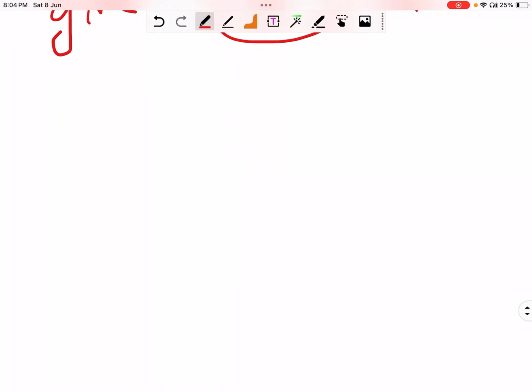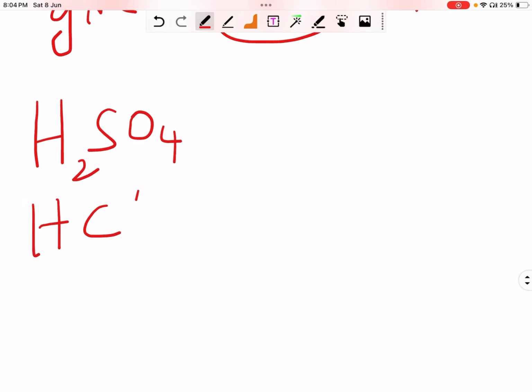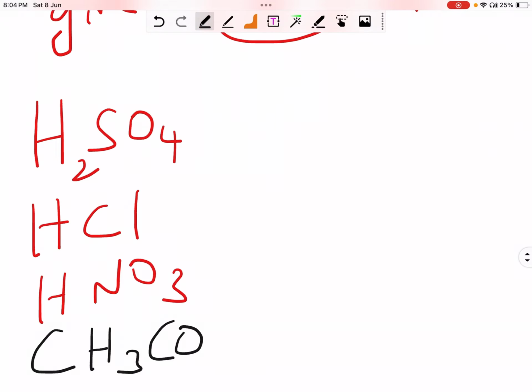So the examples are H2SO4, HCl, HNO3, and CH3COOH.